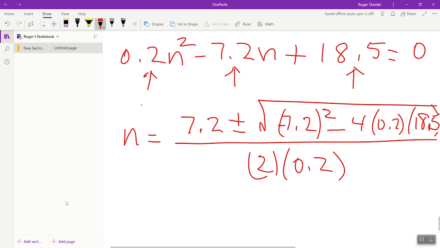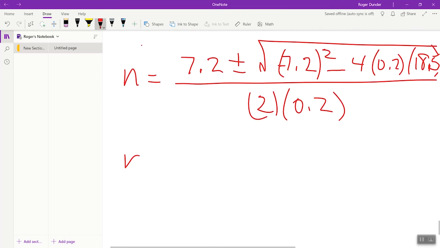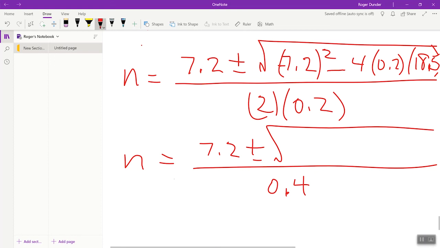Okay. Now we want to do some simplification of this. Try to collect some terms, make it look a little bit better. N is equal to 7.2 plus or minus the square root of all that, all divided by 2 times 0.2, which is 0.4. And we just need to do some calculations to find what's underneath the radical. So after doing a little calculation, we see that what's underneath the radical is 37.04.